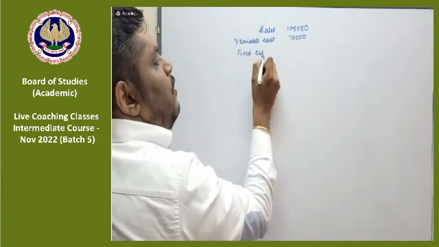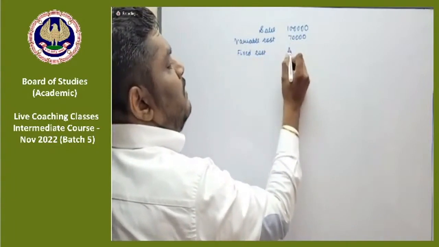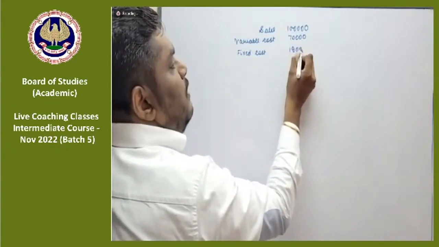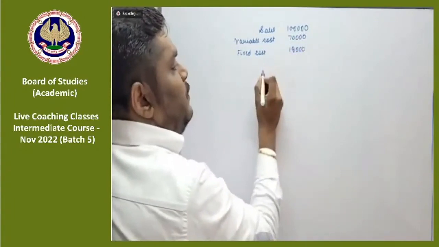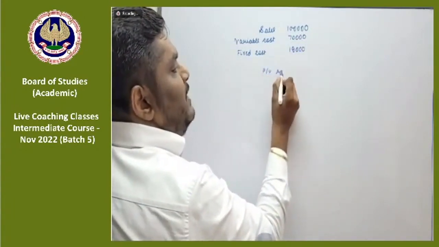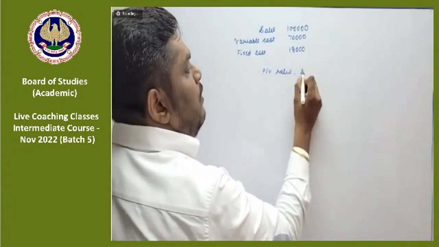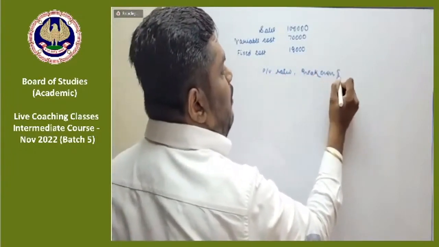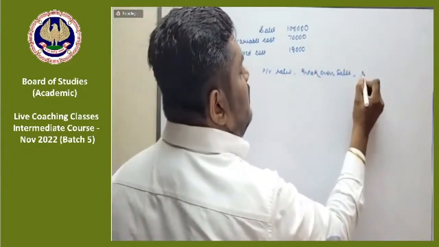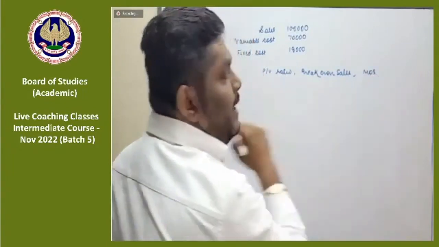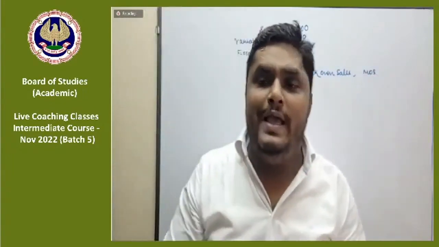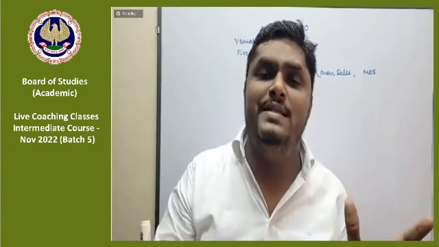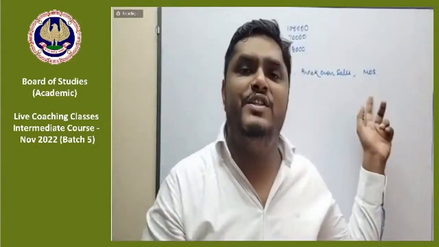My fixed cost is 18,000. You have to calculate first question PV ratio, break-even sales, and margin of safety. So guys, whoever is answering, answer all the three questions together.